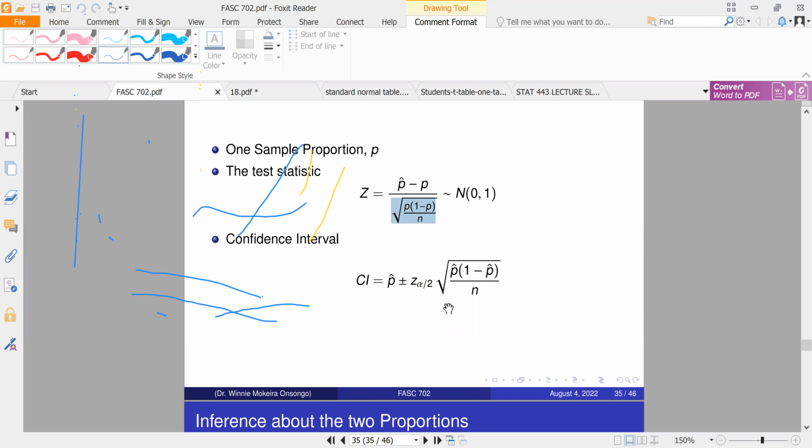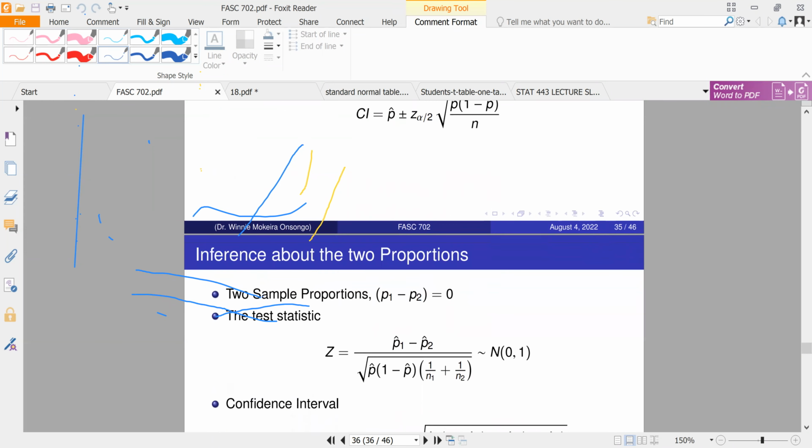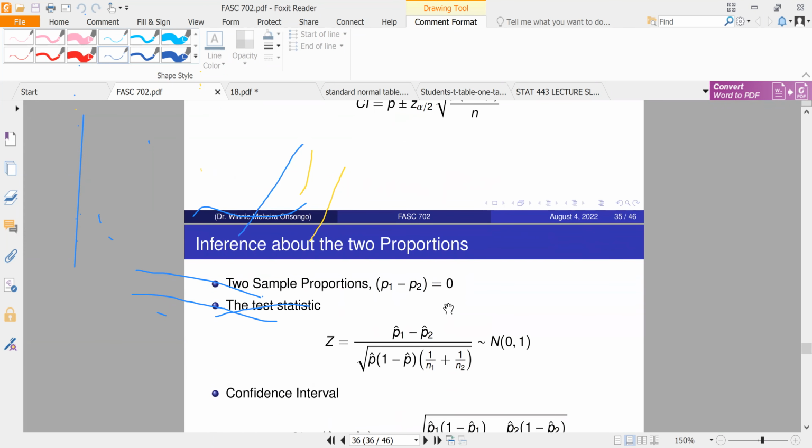Now, if you introduce two populations, then you are going to have two proportions, P1 and P2. And you also check for the difference between the two proportions, P1 and P2.